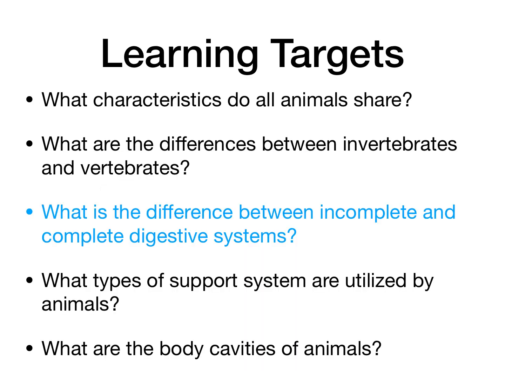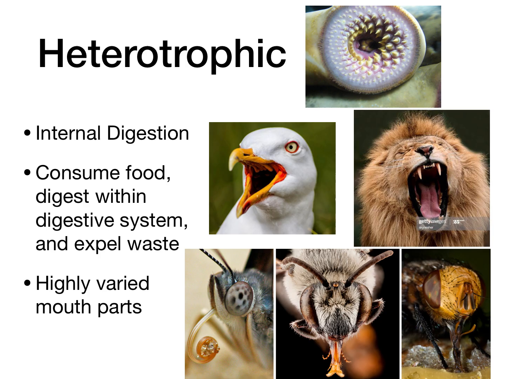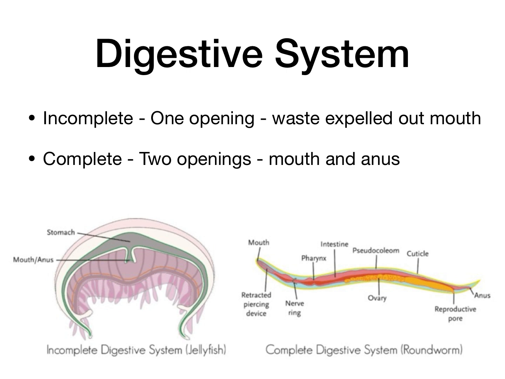So now the next target, incomplete versus complete digestive system. Let's dig in a little earlier. Heterotrophic, you have to consume your food, and it's digested within. Animals have widely varying mouth parts, as you can see in this video. But once it gets into the digestive system, it's either incomplete with only one opening or complete with 2 openings.